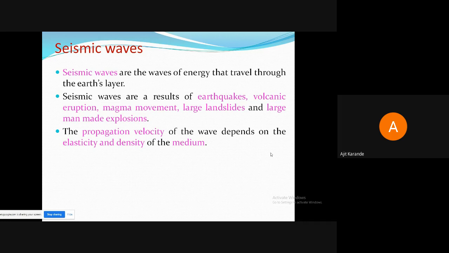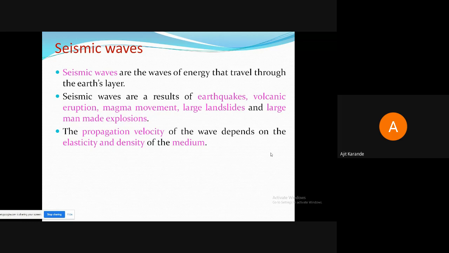We had discussed earlier, lithosphere is somehow brittle material like concrete, and asthenosphere is somehow flexible because it contains somehow liquid materials, and that's why the densities of the two spheres are different. Elastic properties of the two mediums are different, and that's why propagation of the velocity, or movement of the seismic waves, is different in different mediums.